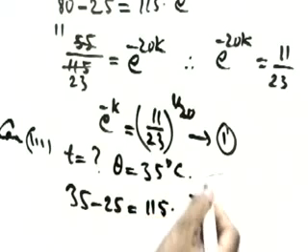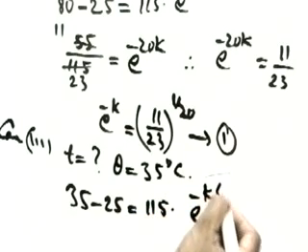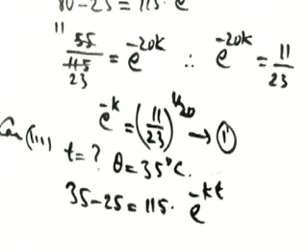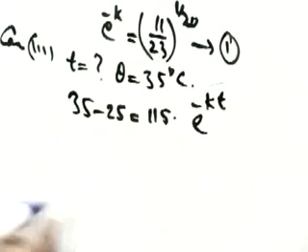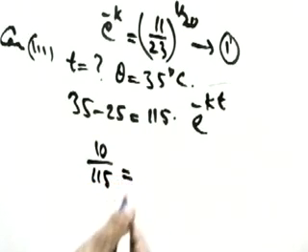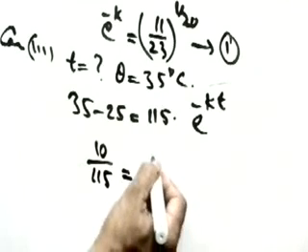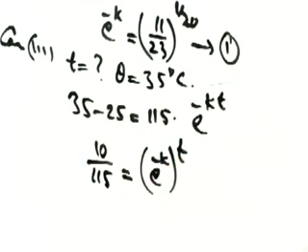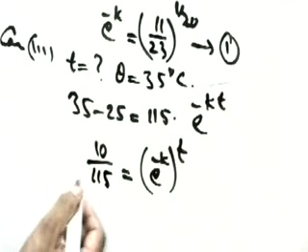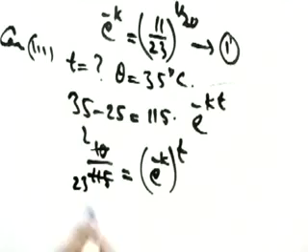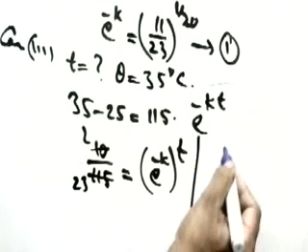C we got as 115, into e power minus k into t. We have to find the value of t. Now let me continue here. This is 10. Bring this 115 here: 10 by 115 equals e power minus k whole power t. Now see here, 5 2s are 10, 5 23s are 115.